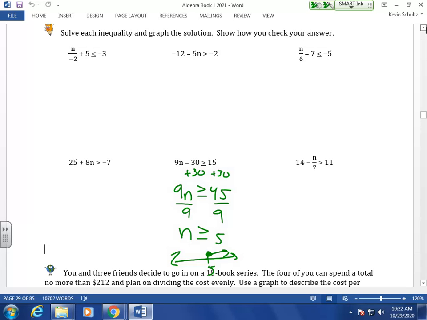Peter, the first one. N divided by -2 plus 5 is less than or equal to -3. Our constant there, that positive 5, always start with that. So subtract 5 from both sides. That gives us n divided by -2 is less than or equal to -8.